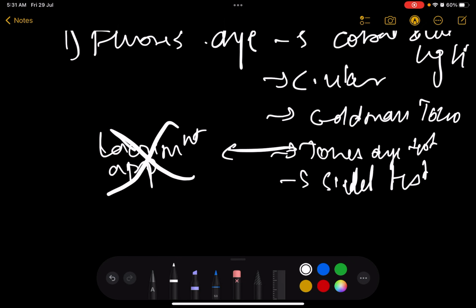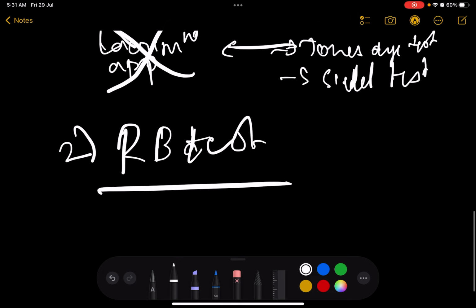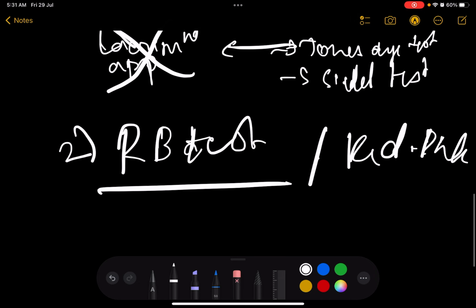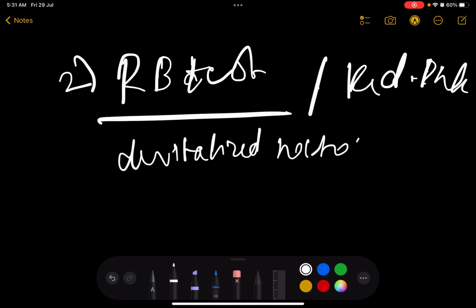Then you have the rose Bengal test. It is more rose Bengal, that means it's yellow, red, pink. Rose Bengal, come on, it has to be red. It stains the devitalized or necrotic tissue, and it stains the margin of the ulcer.